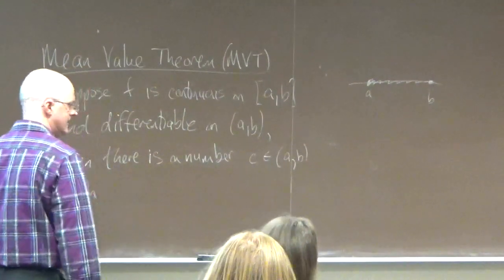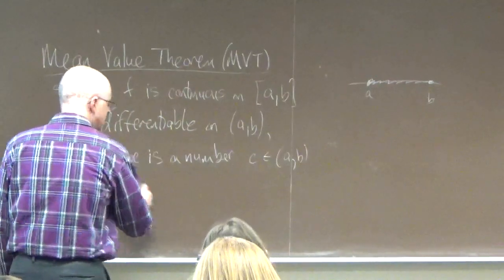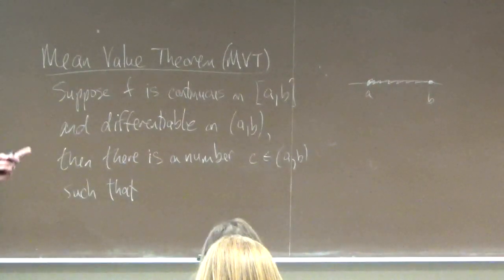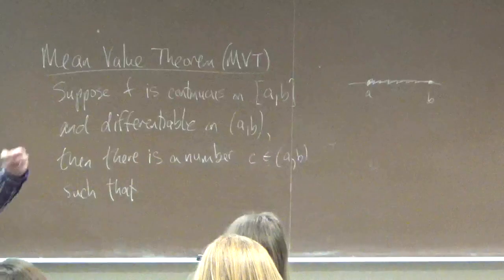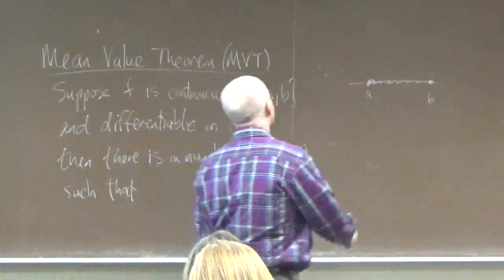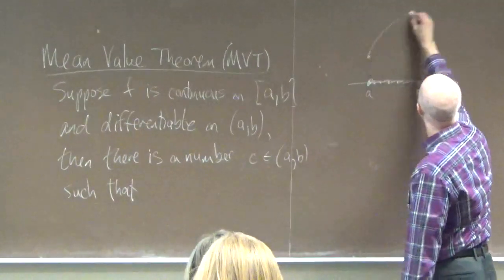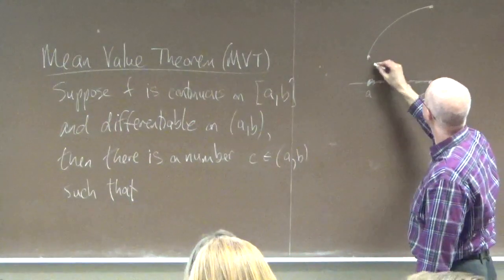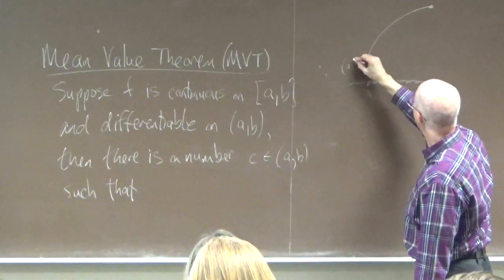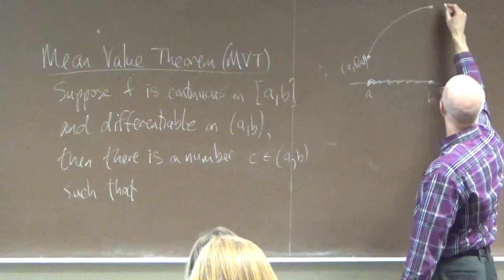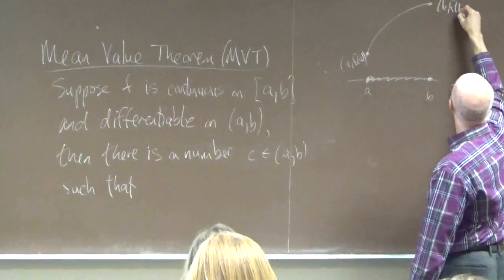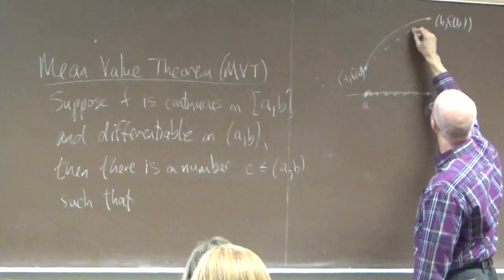I've said it already. The slope of the tangent line at c equals the slope of the secant line between these two points here, a, f of a, and b, f of b. The secant line connects those.